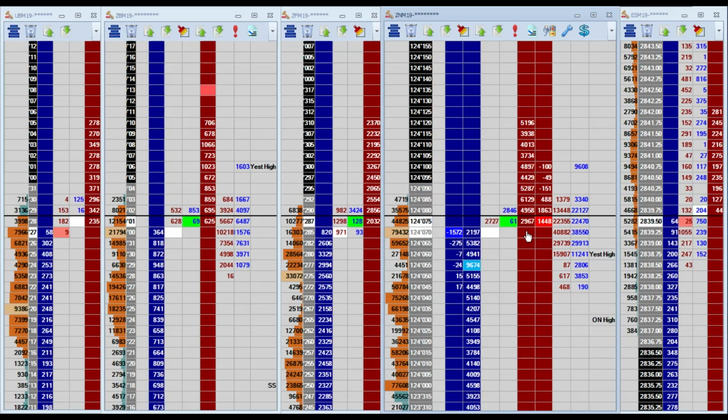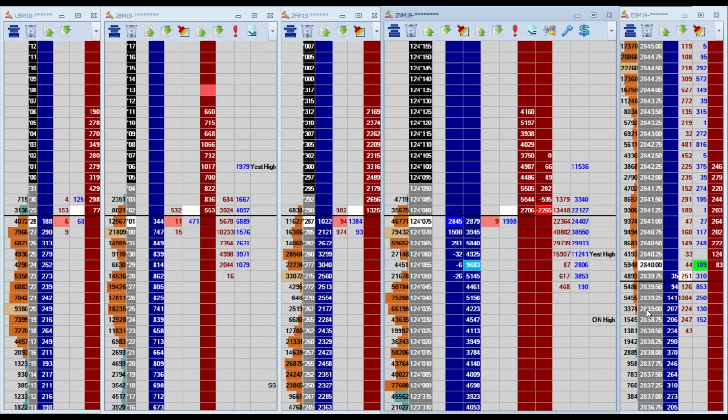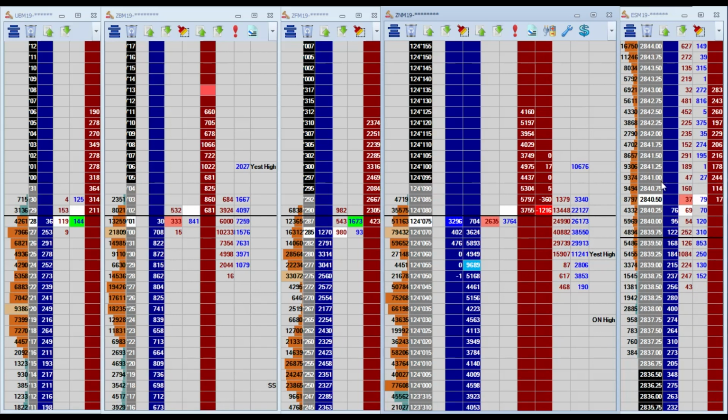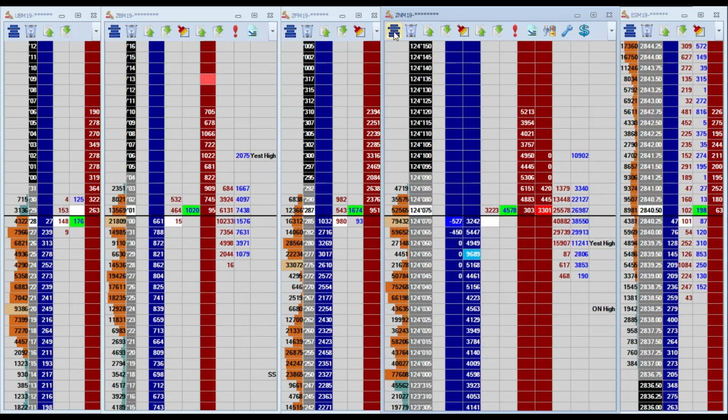One thing I will say is on that last push down, when we first created this little tail here, the ZN was sitting at the highs and it just would not attack any higher. And then it got slapped down pretty quickly. The entire time this thing pushed down, probably 5 points even, it just sat there.